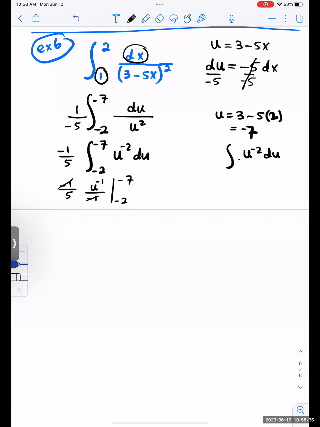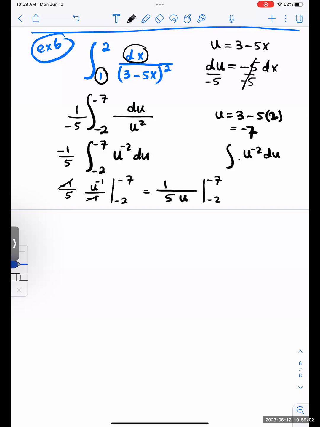So basically the negative and negative cancel each other. So if I'm rewriting this, it's like 1 over 5u, because u to negative 1 is like 1 over u. So now you go from negative 2 to negative 7.